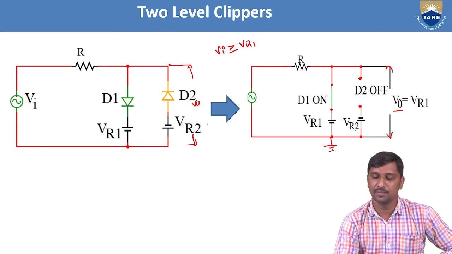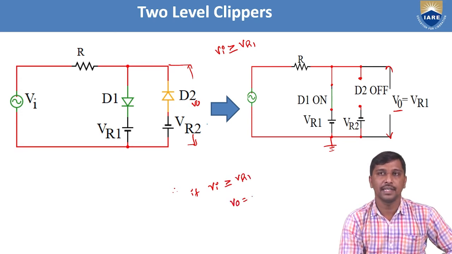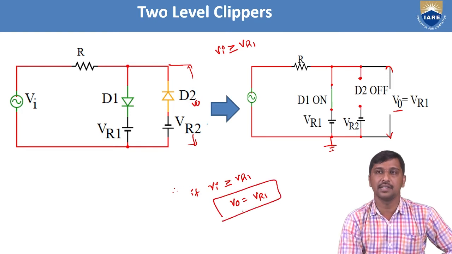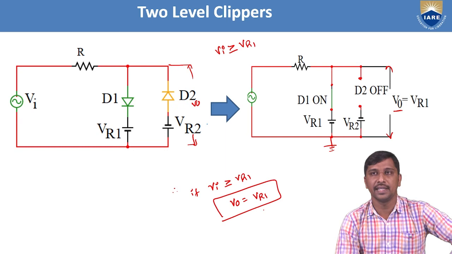Hence, from that representation, V0 is represented as VR1 here. So if Vi is greater than or equal to VR1, the output voltage across the two-level clipper circuit is represented by VR1. That is a constant voltage, nothing but a DC magnitude.